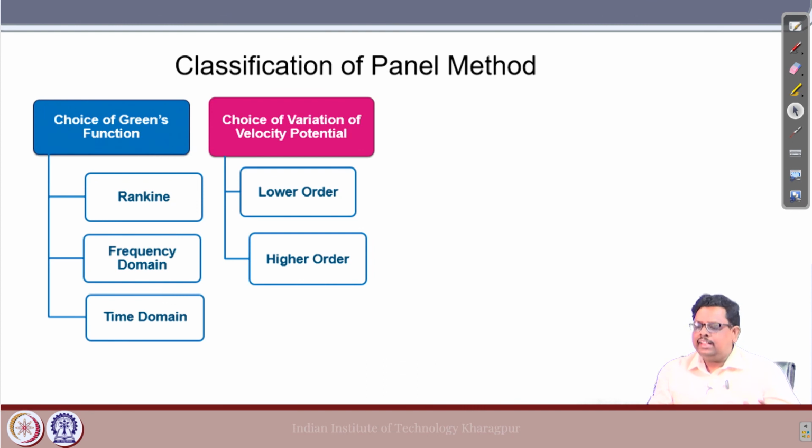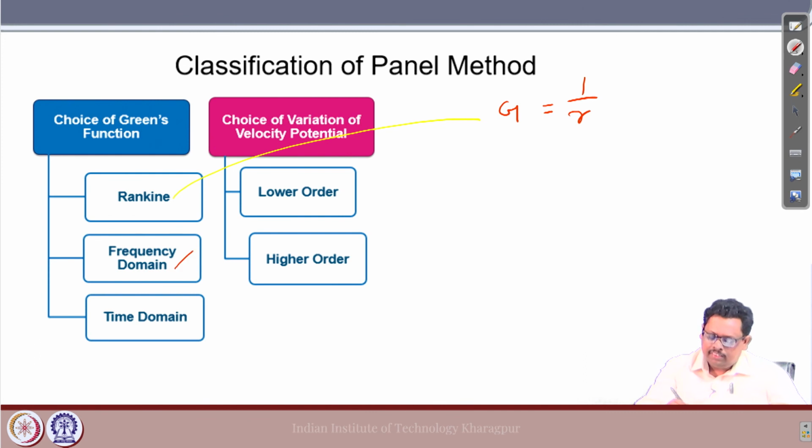Now, very briefly let me explain what this Rankine is. The Rankine Green's function, we take this G, the Green's function, equal to some 1 upon R, something like this. So, this is called the Rankine.